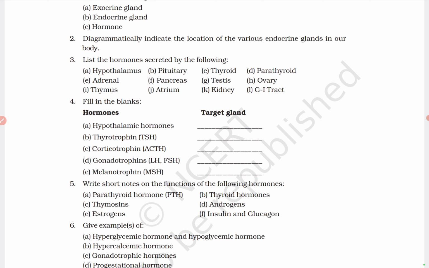Here, hormones and target glands. Coming to the fourth one, hypothalamic hormone. The target gland is the pituitary. Thyrotropin hormone, TSH, the target is the thyroid. Corticotropin, and the target is the adrenal cortex.